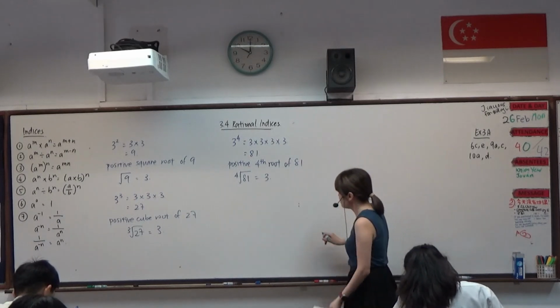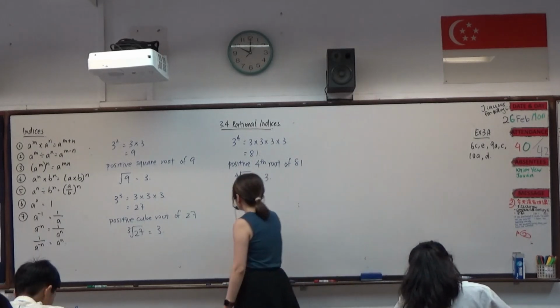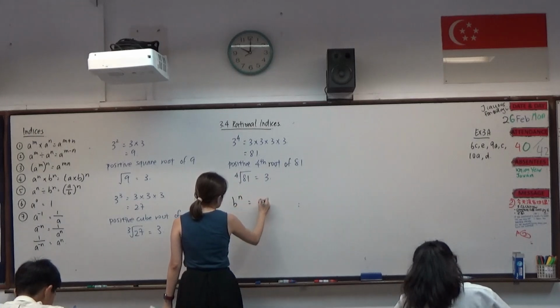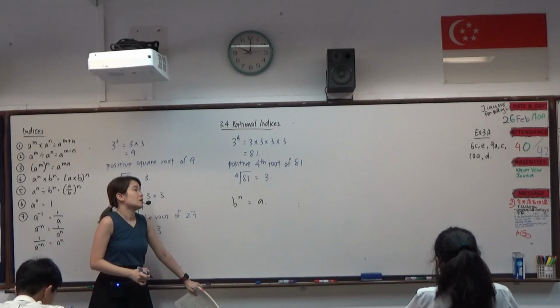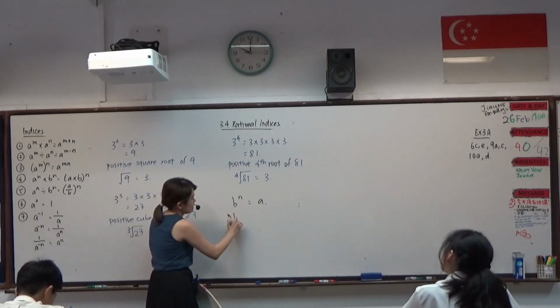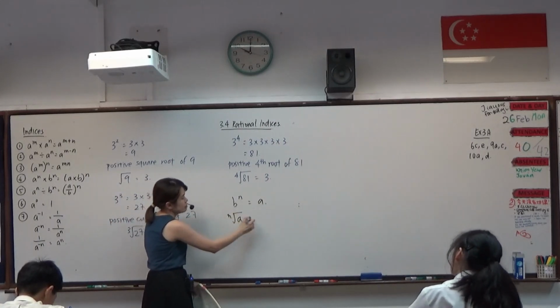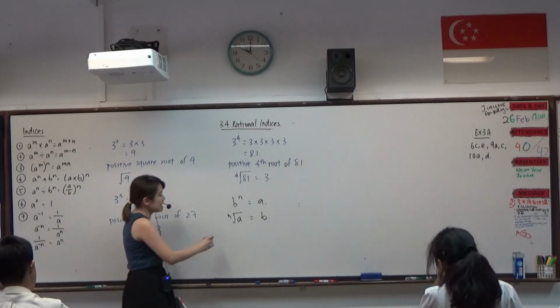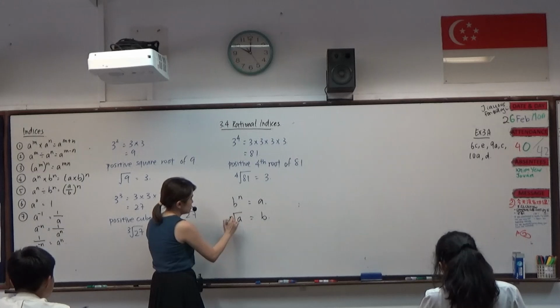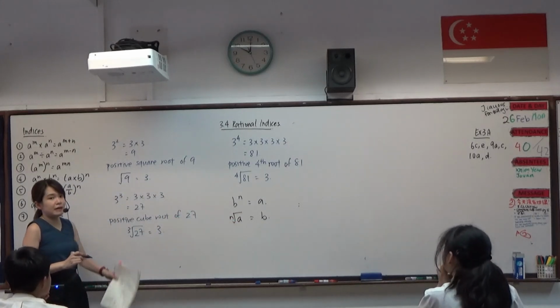So, in other words, if I have b to the power of n to be equals to a, I will be able to say that the nth root of a, opposite, will be equals to b. And this idea of the nth root, it must be a positive nth root.